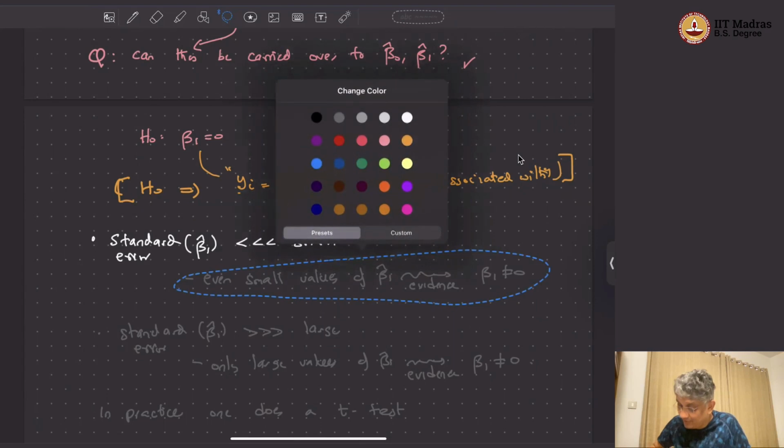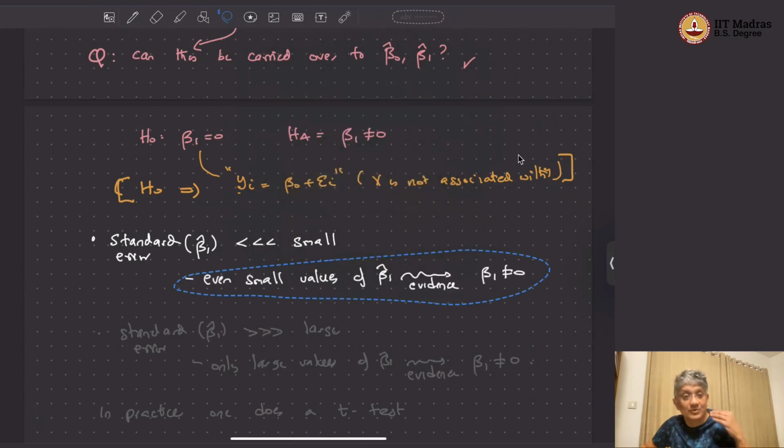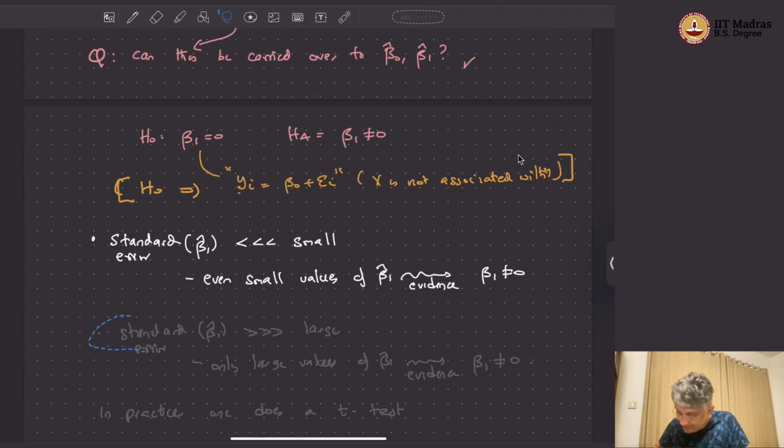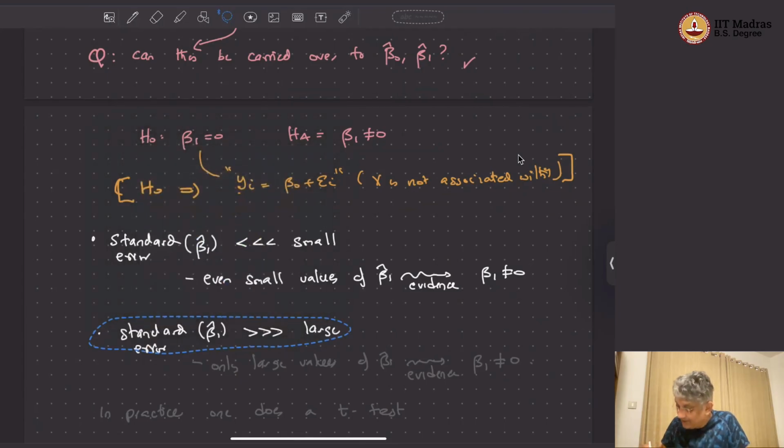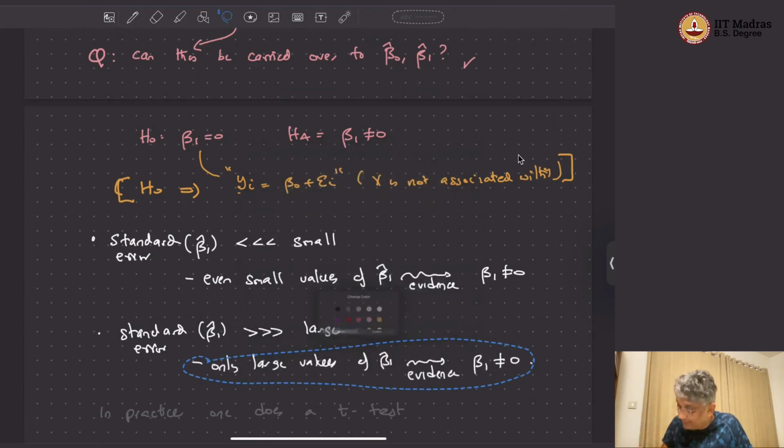That means you have a good estimator and you think beta 1 is there. The other extreme is when the standard error of beta 1 hat is very, very large. In this case, only large values of beta 1 hat should tell you that beta 1 is not equal to 0. There are two ways of intuitively checking when beta 1 is not equal to 0.